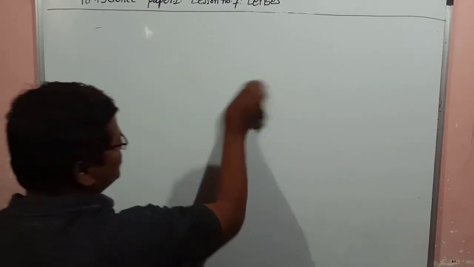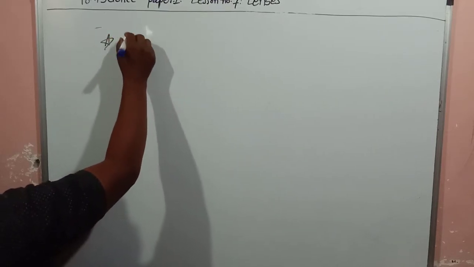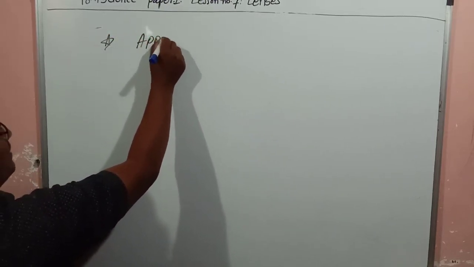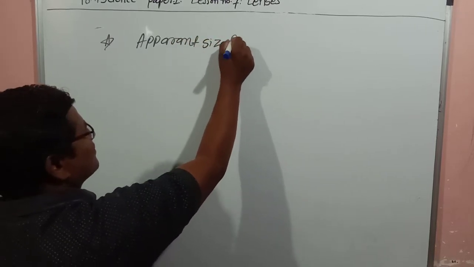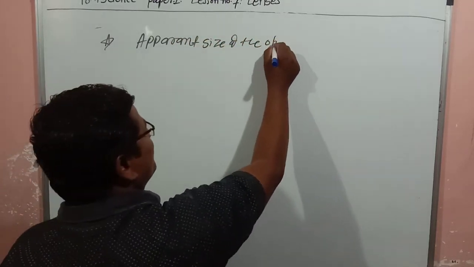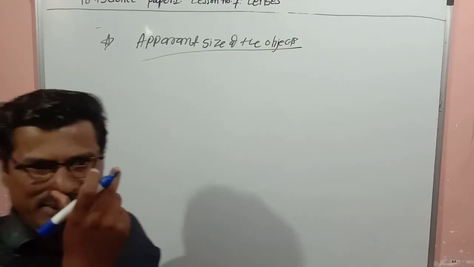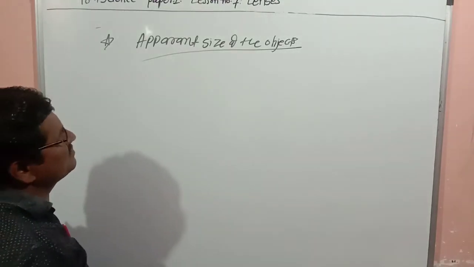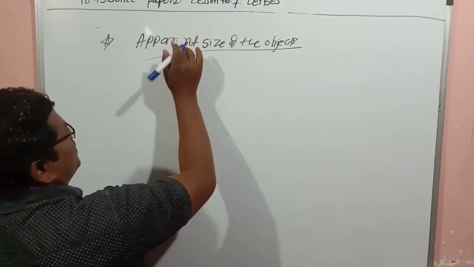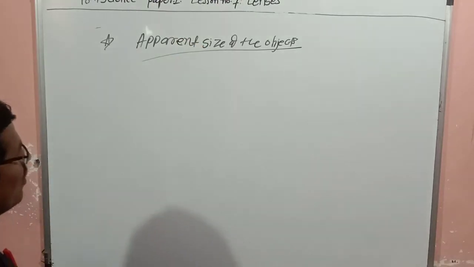The next point is the apparent size of the object. In that, what is apparent size?